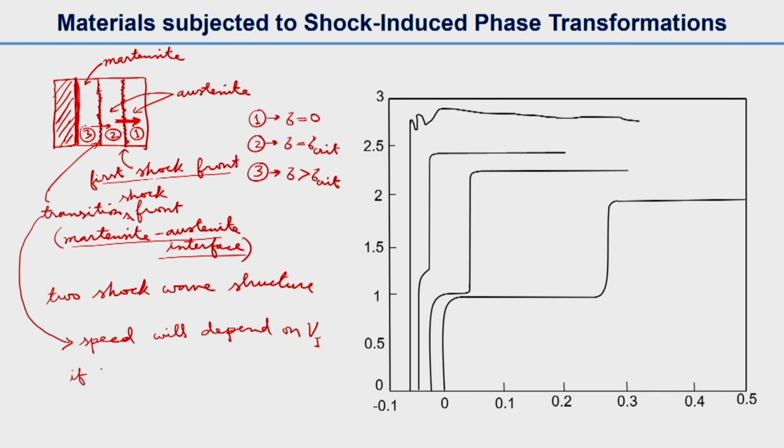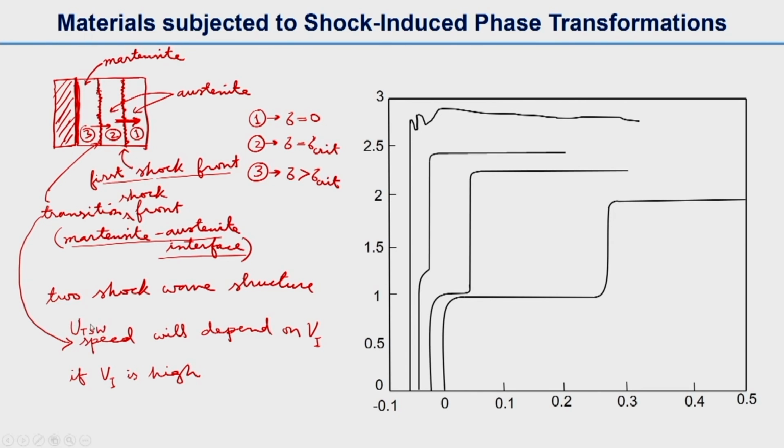If Vi is very high, that will have a very high transition shock wave front speed. This we can write as U transition shock wave.